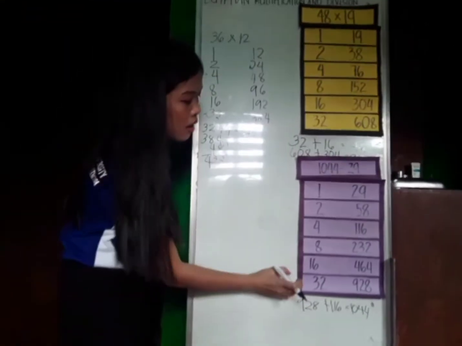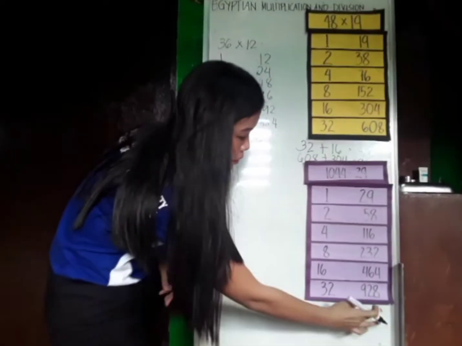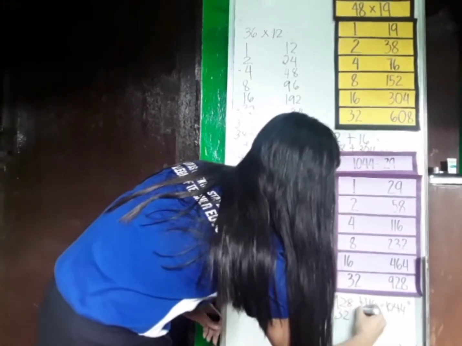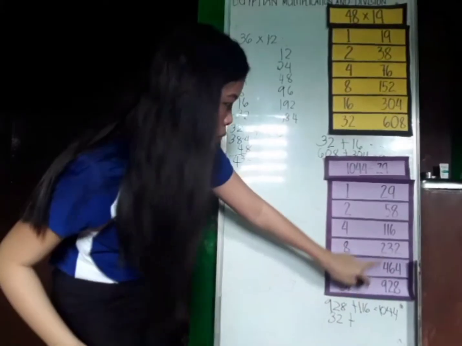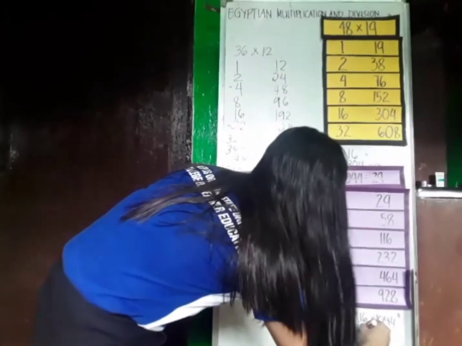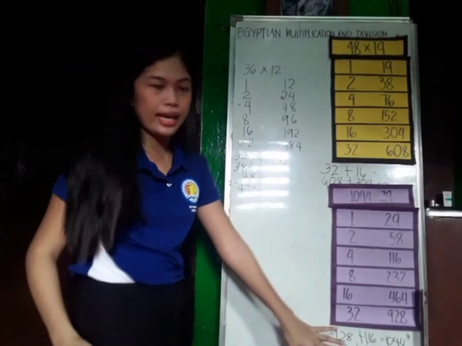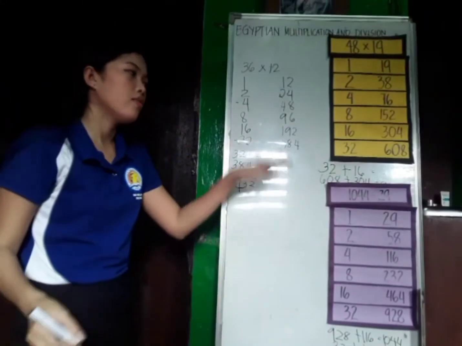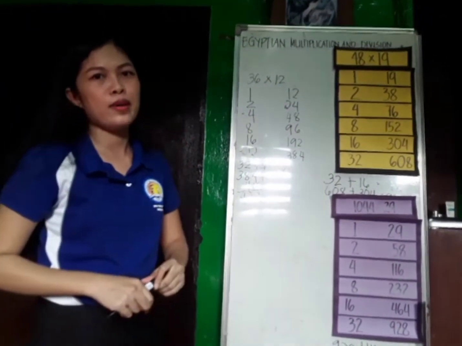So in the first column, for 928 we have 32, and for 116 we have 4. 32 plus 4 is 36. So that is the quotient of 1044 divided by 29.